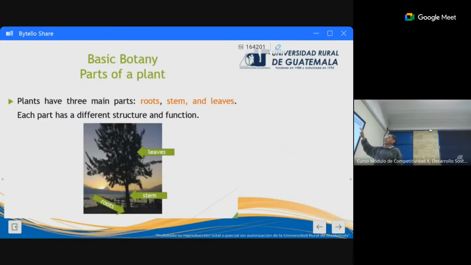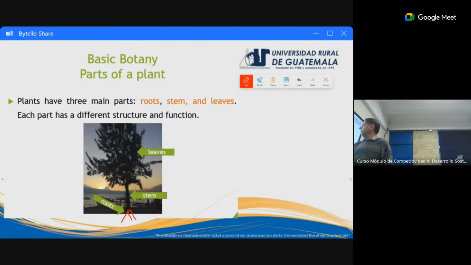Okay, as I mentioned before, we saw that the three main parts of a plant are roots here, the stem here, that is this part here, and also the leaves.